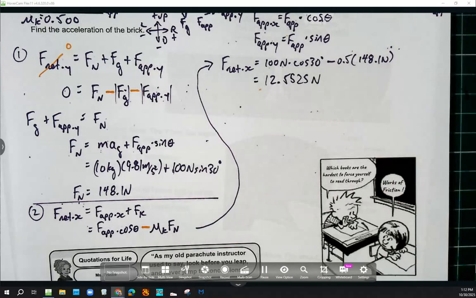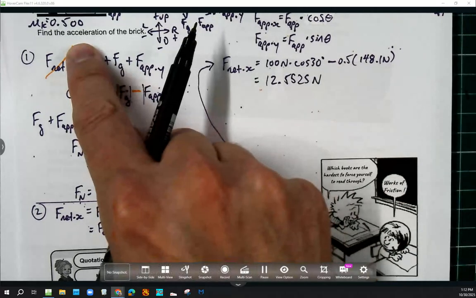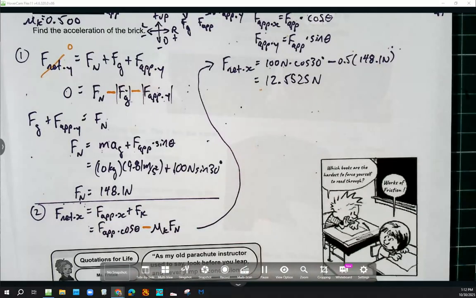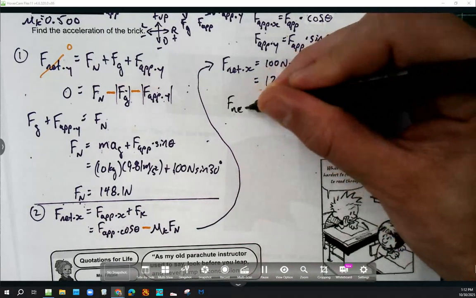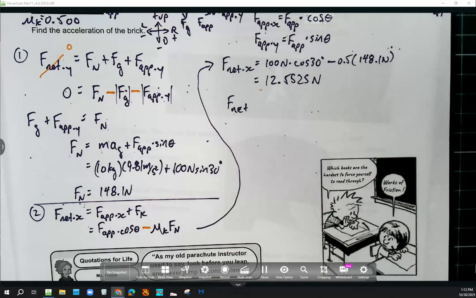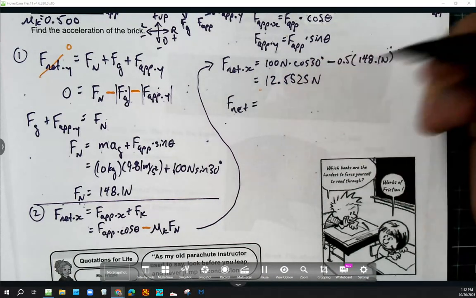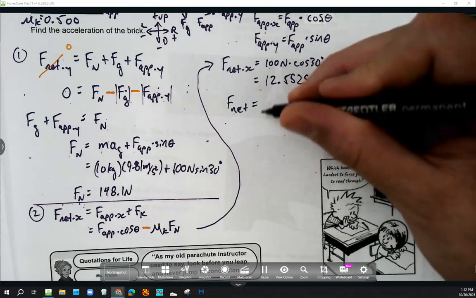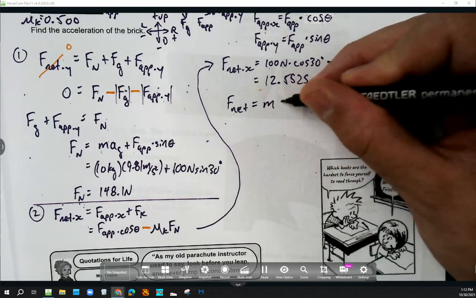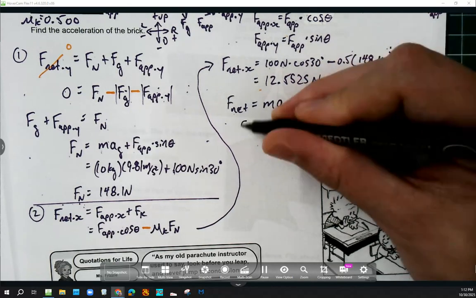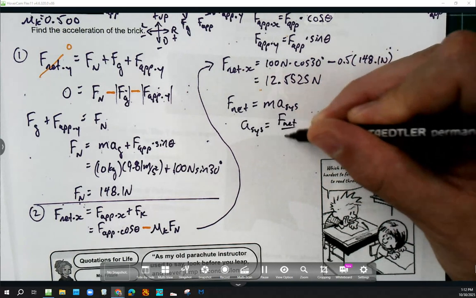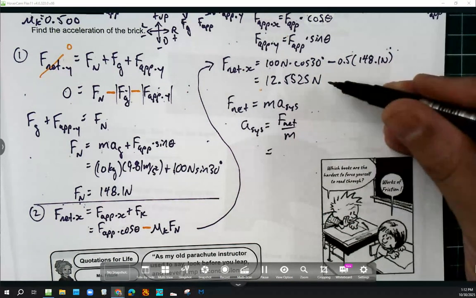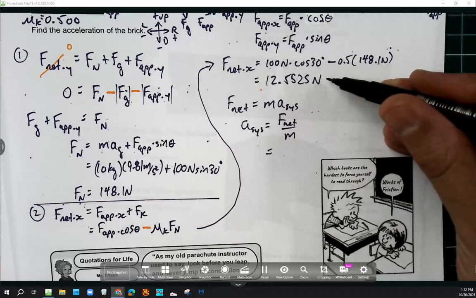But let's look at the question. The question was, what's the acceleration? Not what's the net force. Ah, shucks, we're not quite done yet. But remember, didn't the y components cancel out? So the F net really is just F net x, right? So F net is equal to mass times the acceleration of this system. If I want the acceleration of this brick, it's just F net divided by mass. We already calculated F net. This part's not hard.